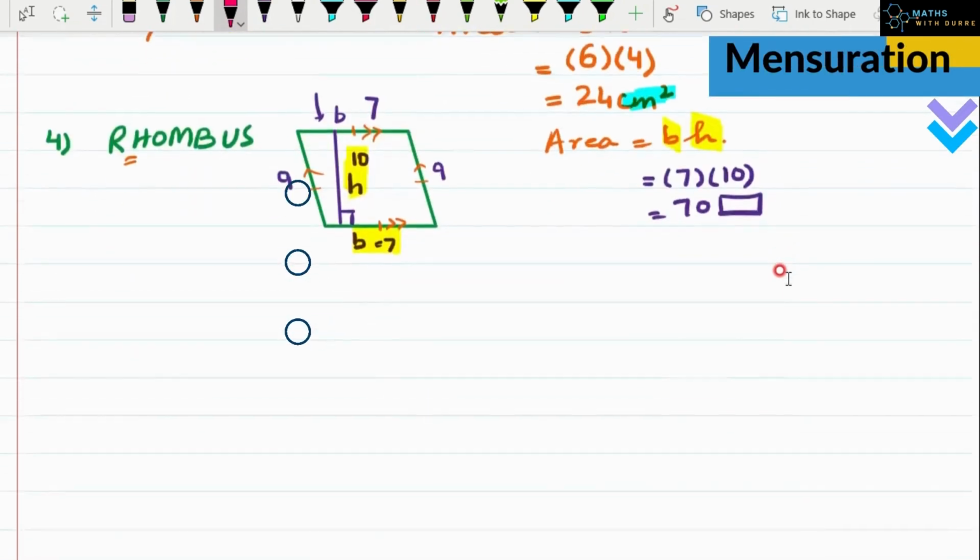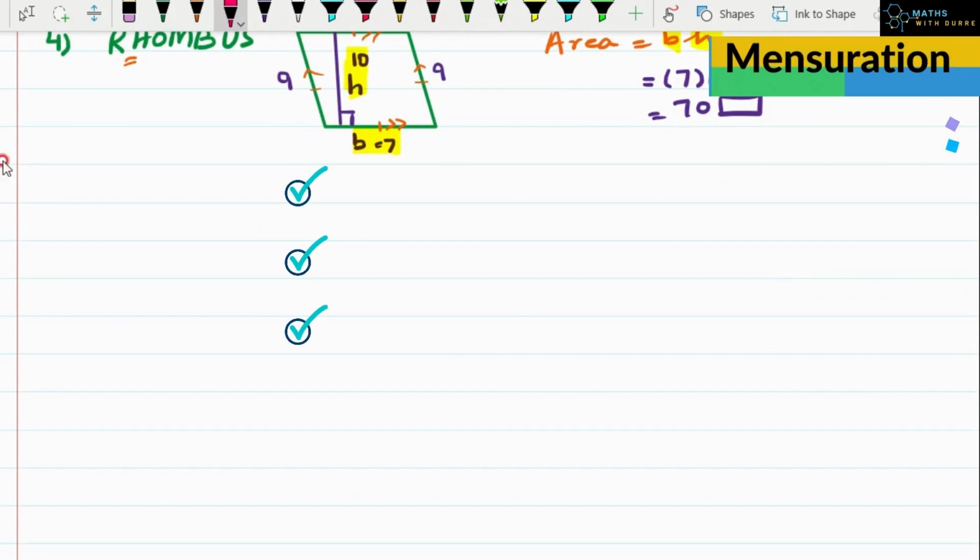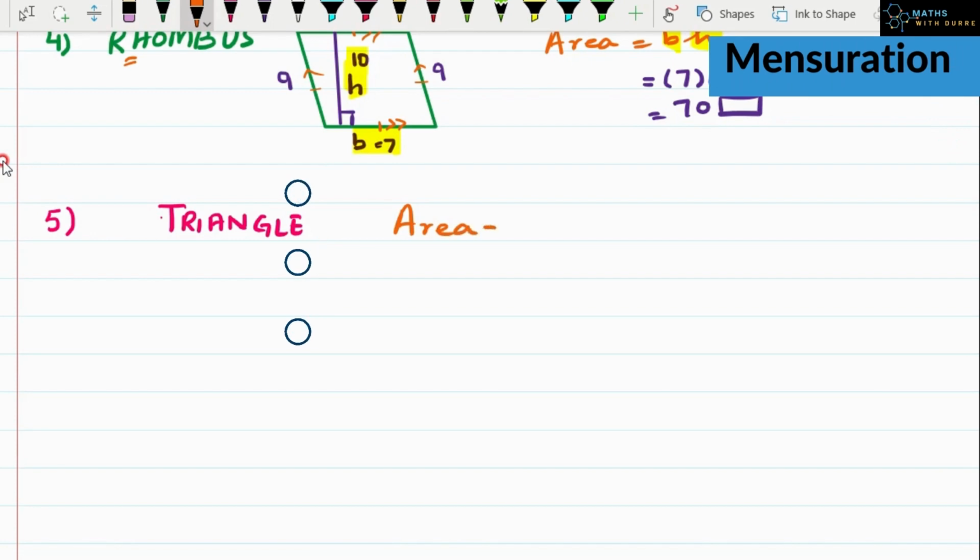Okay, a very important and common shape is the triangle. We are very much familiar with it. What is the formula of a triangle? As we already know, the area of a triangle is always 1/2 base times height.